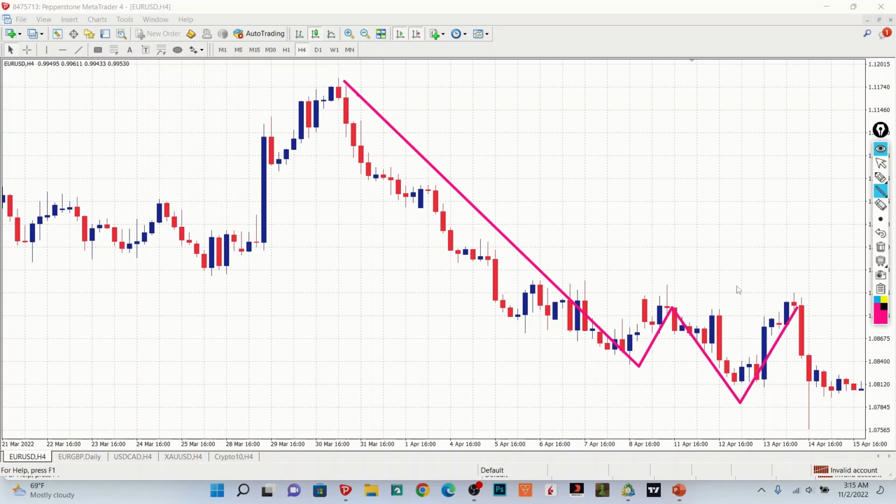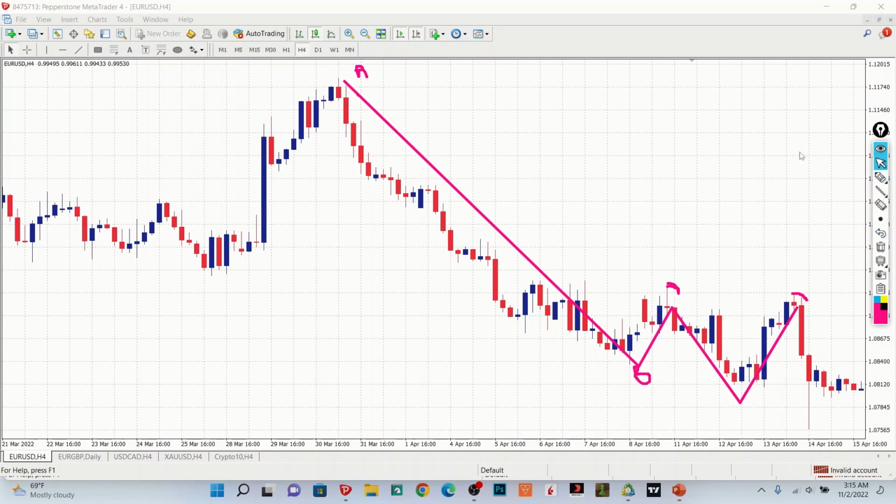So we want to find out if this was a Fibonacci level or this was a Fibonacci level. So what we shall do is put our Fibonacci tool from here, and then connect to this point to see if this was a Fibonacci level.